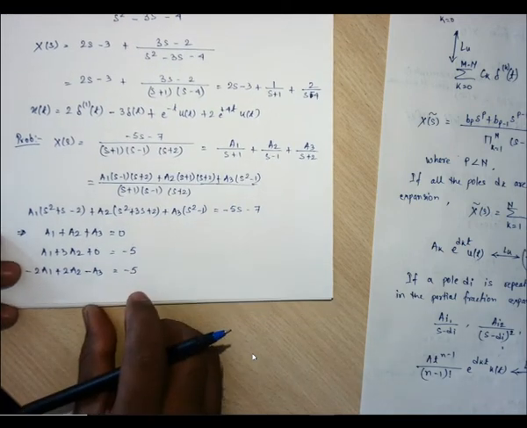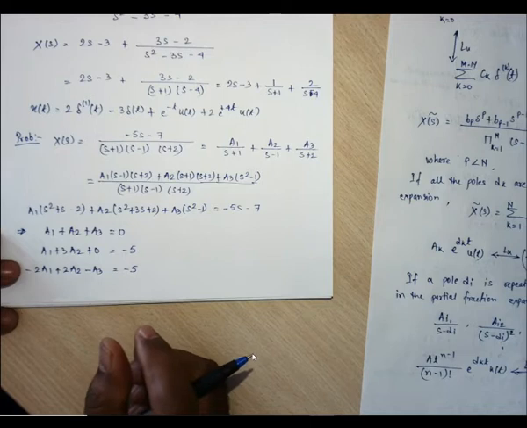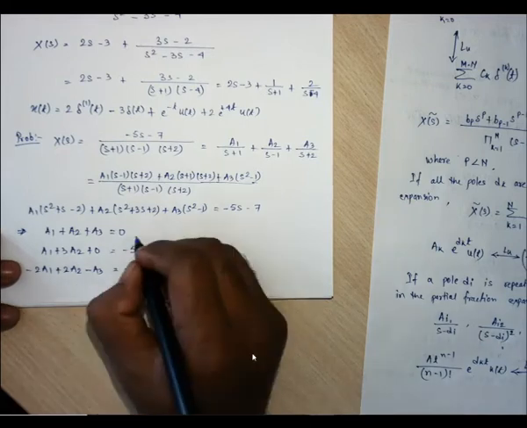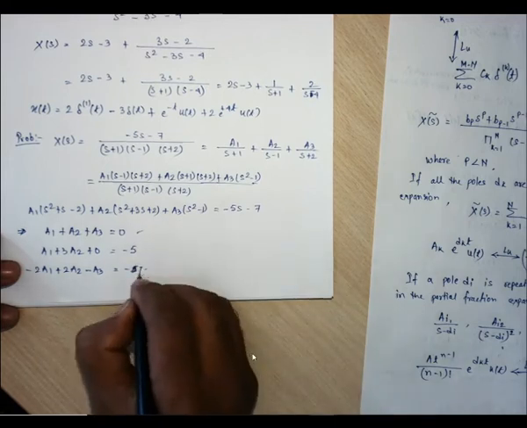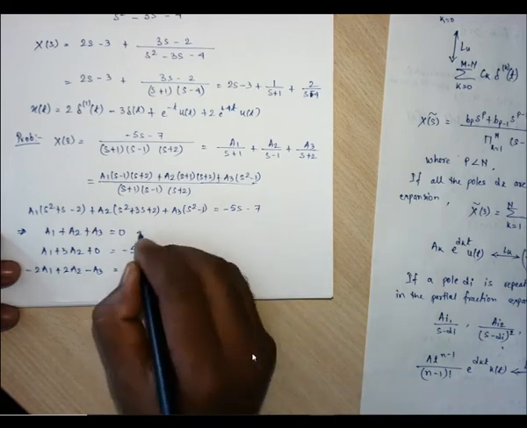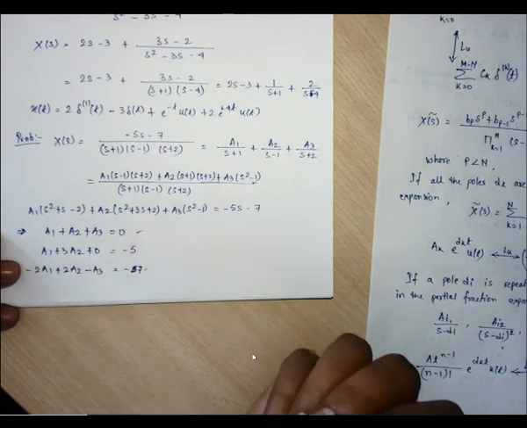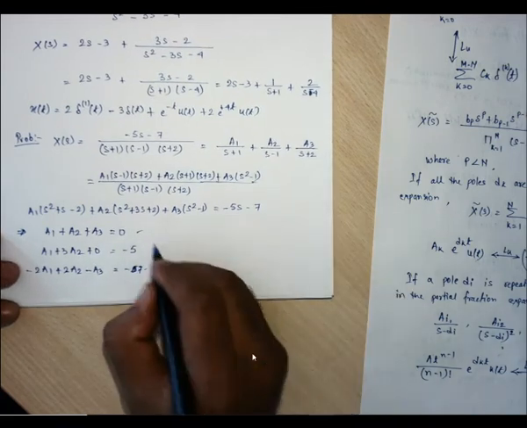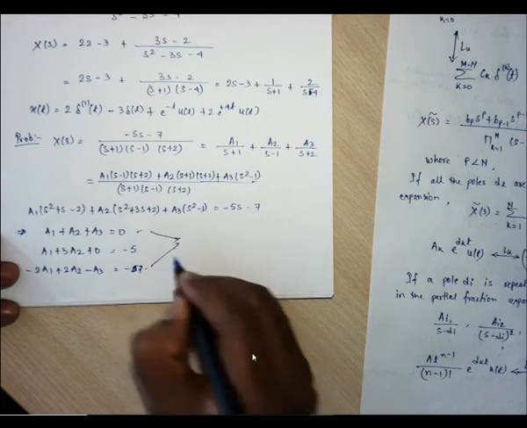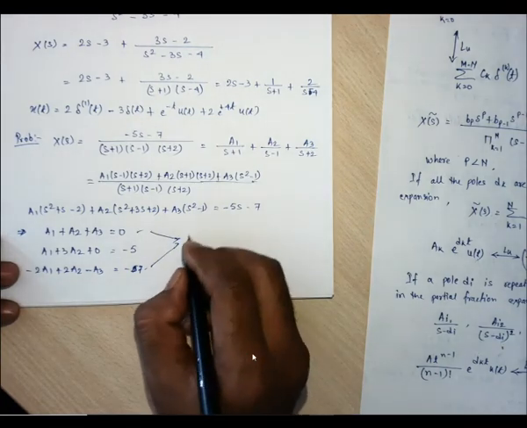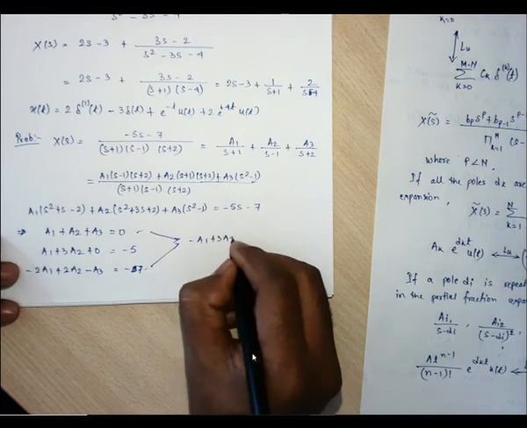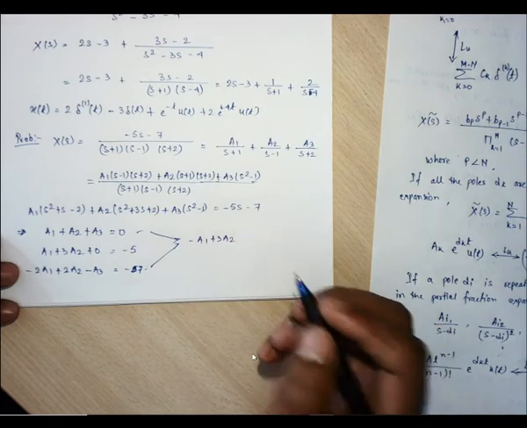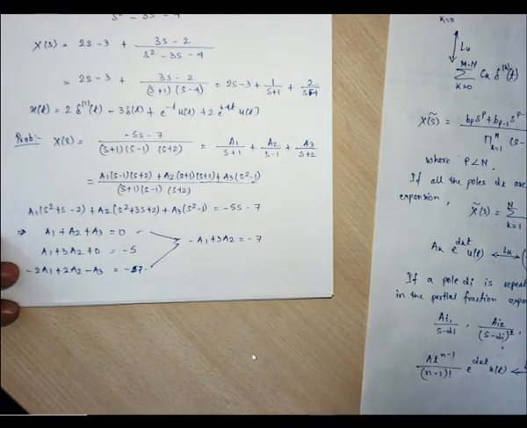So we need to do the simplification and find a1, a2 and a3. If you take this one and this one, a3 will get cancelled. Then we have minus a1 plus 3a2 equals minus 7, right?